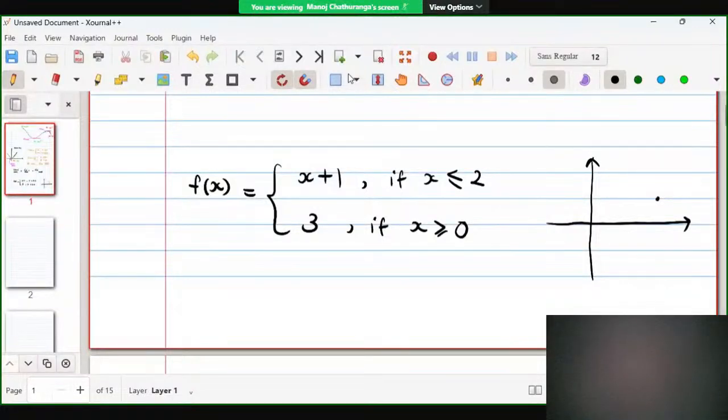It is a line with slope 1 and y-intercept equals plus 1. So it looks something like this. Then at 2 both function values agree, and at 2 it is 3. And after 2 the function is constant.